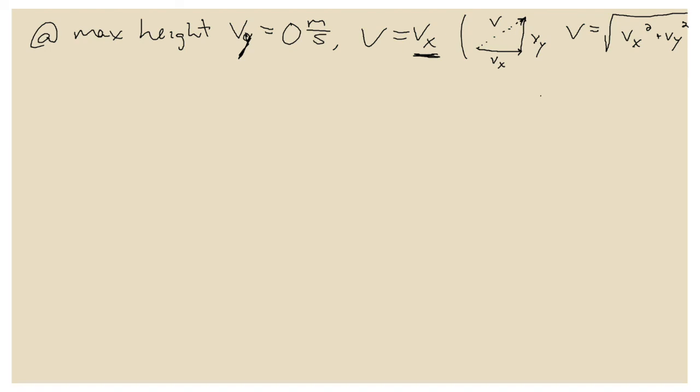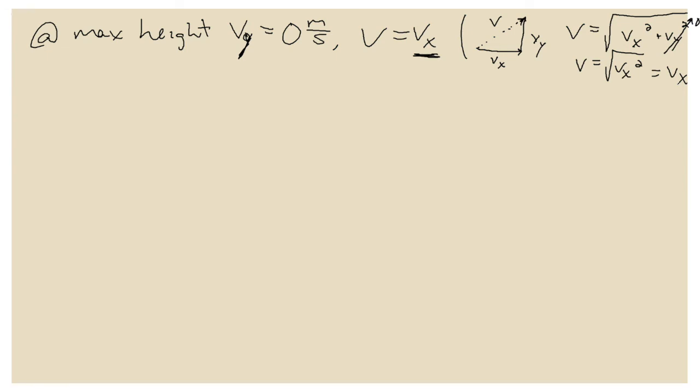And so if the vy at that location, the maximum height, is 0, then effectively what we get here is v is equal to the square root of vx squared, which, of course, is just equal to vx.